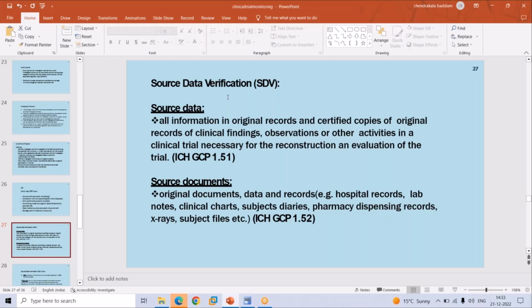So source documents are where you have your source data: original documents, hospital records, lab notes, physician notes, clinical charts, subject diaries, electronic diaries or paper diaries, pharmacy dispensing records, X-ray, scan, lab reports, pathology reports, subject files, subject past medical history. These are all source documents only.